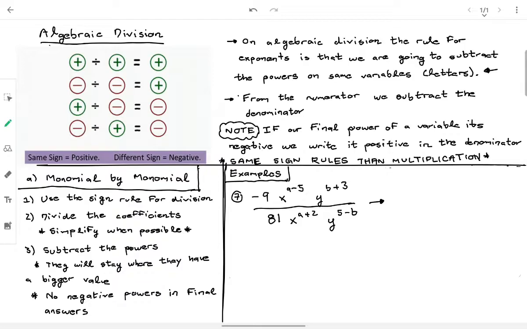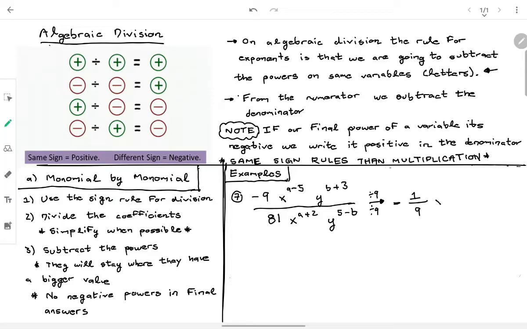So let's see. The first part is that we are going to use the sign rule. So dividing negative by positive is going to be a negative answer. Then 9 and 81, we can divide by 9. So we are going to get 1 on the top part, 9 on the bottom part.